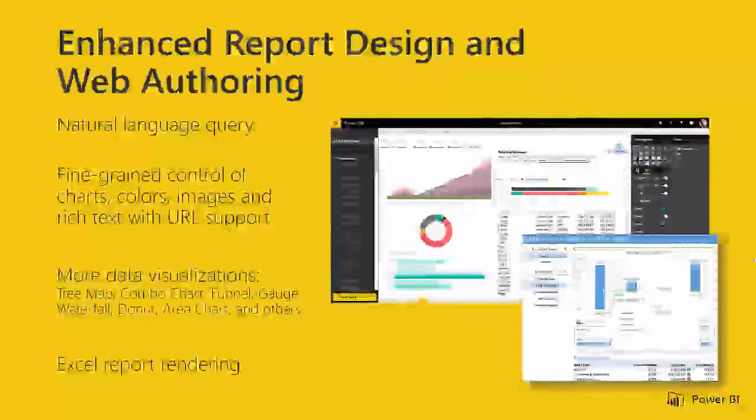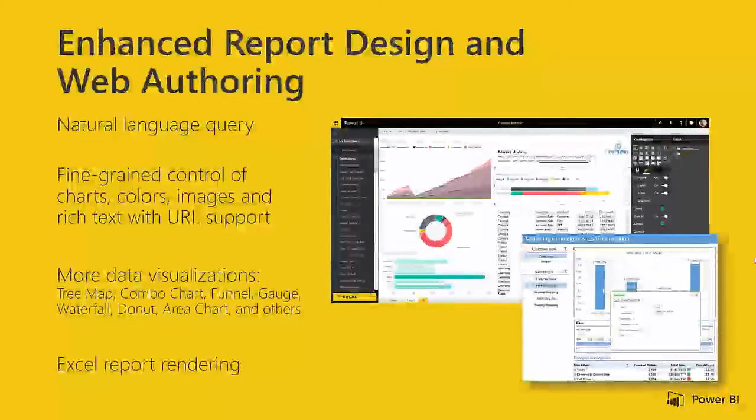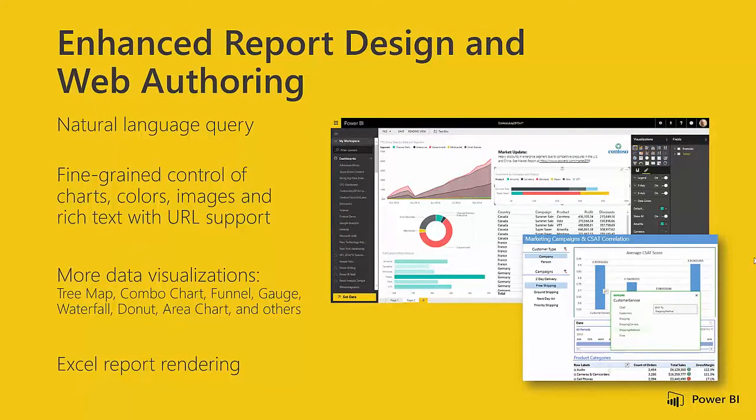Thank you, Will. By far the most exciting area in last week's general availability release was around enhanced report design and web authoring. Finally, our community has fine-grained control of charts, colors, custom colors. You can add your logos.